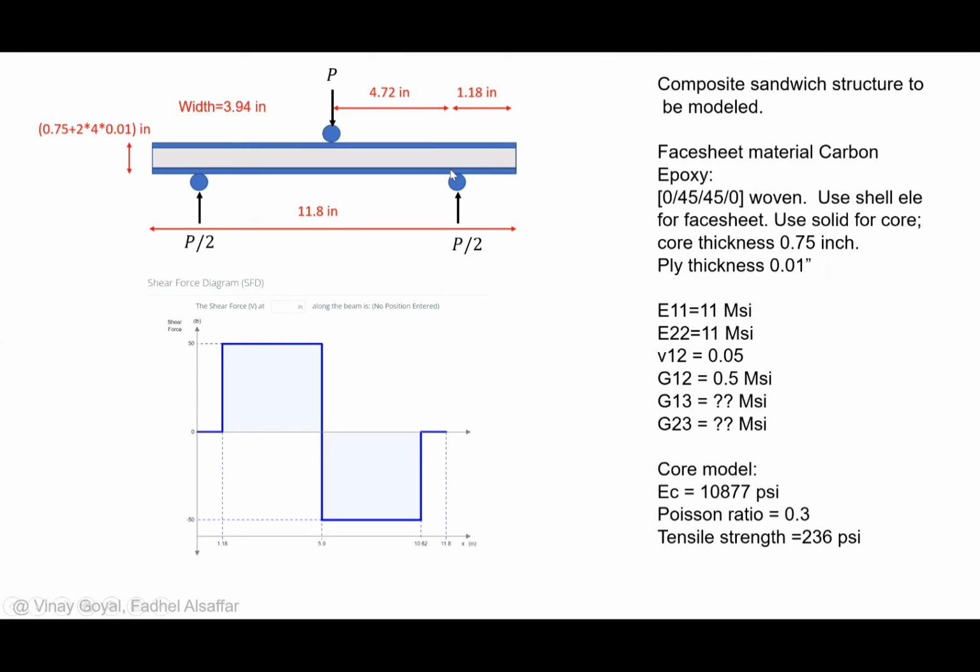So we modeled our structure as a solid element and a shell element for the lamina, and here we draw the shear diagram simply, and that's the shear diagram, and we expect to have uniform shear stress around the cross section of the whole structure.